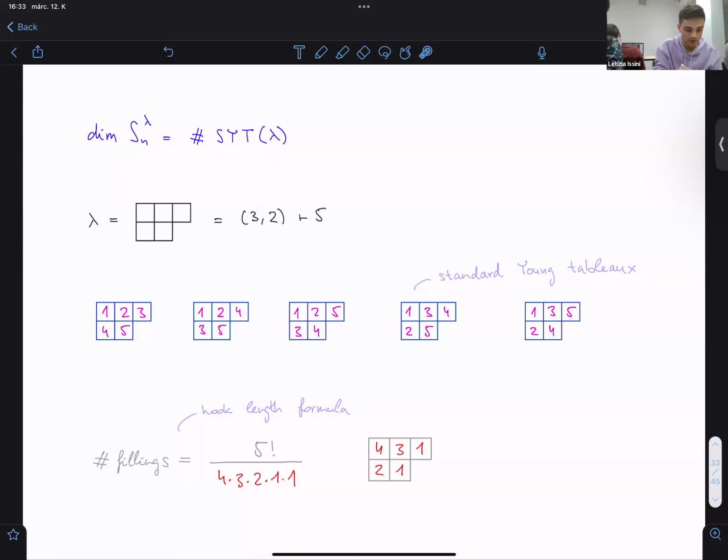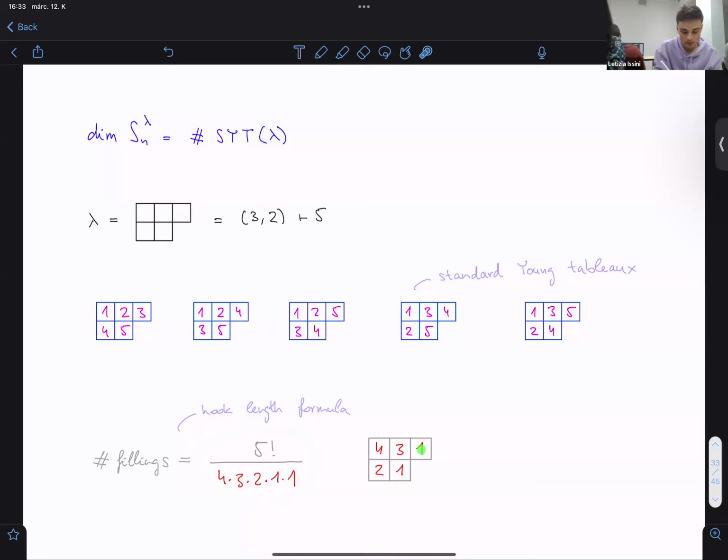So for example, here we have dimension 5 because we have 5 standard Young tableaux. And here it's easy to write it down explicitly, but there's also quite a nice formula for counting these things. For each box of the diagram, we assign a number, which counts the number of boxes that are to the right and below this box, including itself.